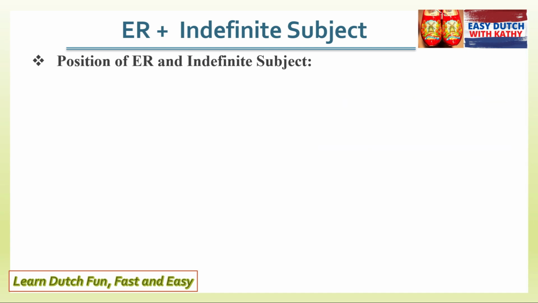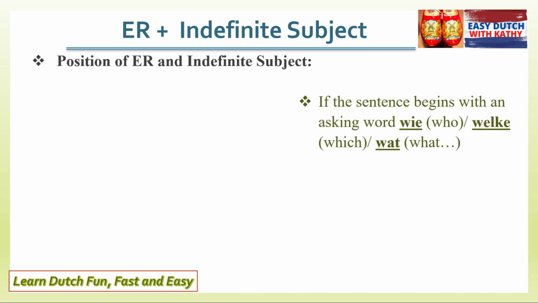And we should pay attention to another rule for the position of er. If a sentence begins with a question word like wie, welke, or wat, then er will come after the verb of the sentence.